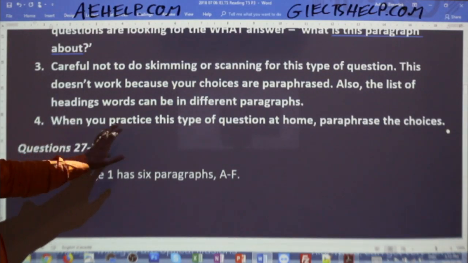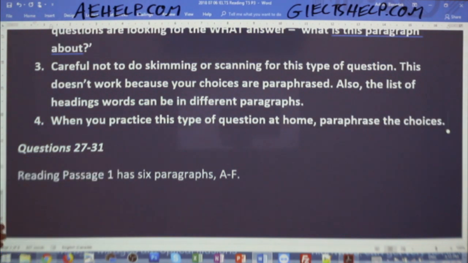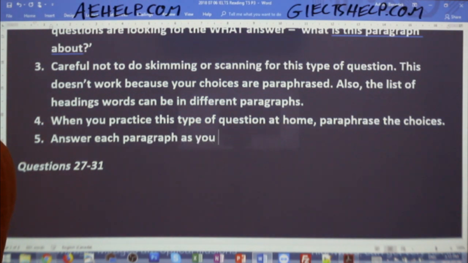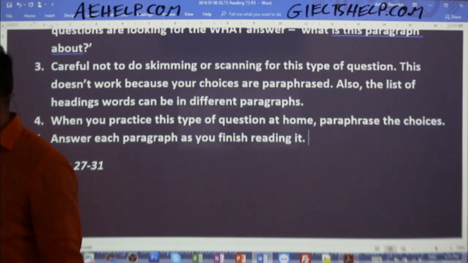And when you practice this question at home, paraphrase the choices, okay? So paraphrase the options as much as possible. And last but not least, answer these questions after you read each paragraph. Okay, so we'll practice all of these in a minute.